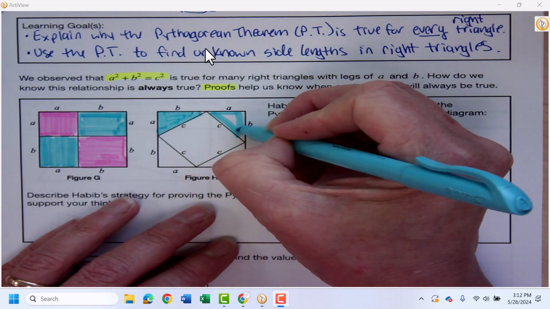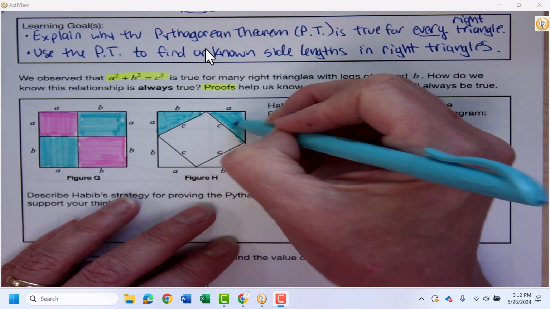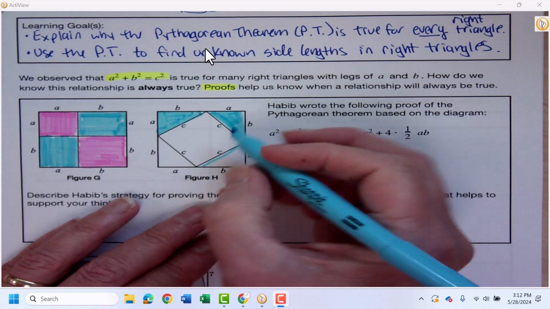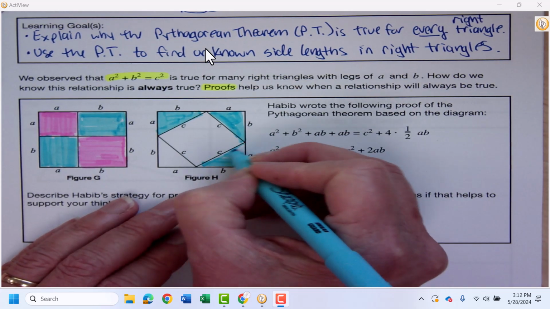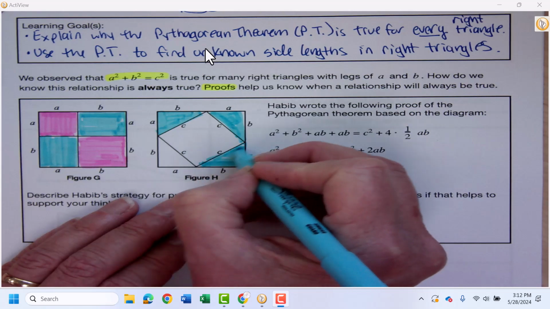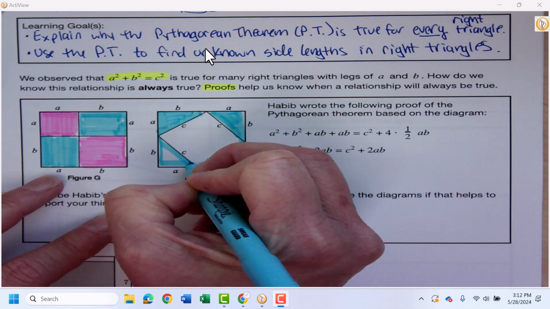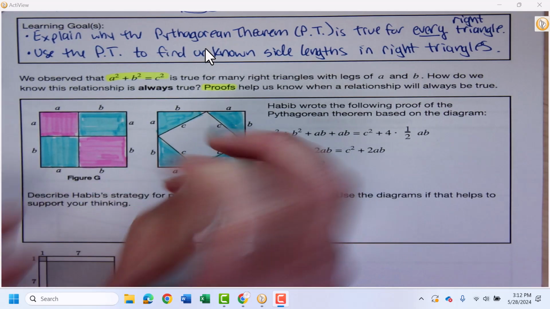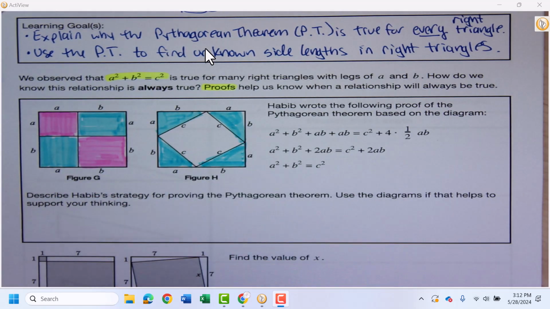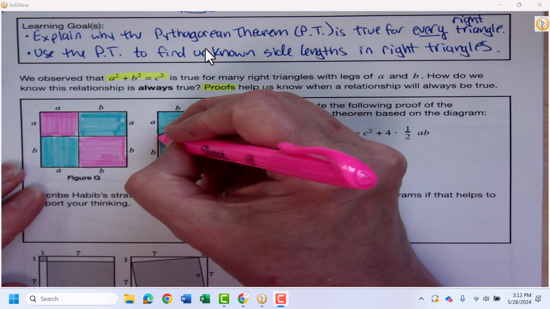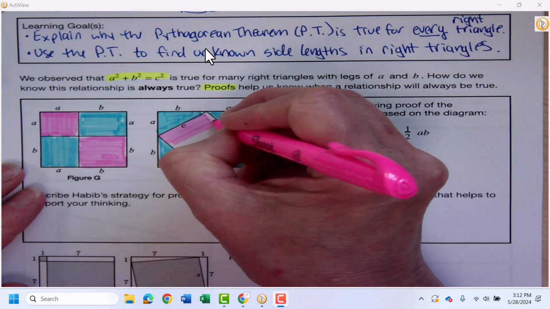And what you saw in the activity today was that we could rearrange all these blue triangles to be the same as the two blue rectangles on the other side. We could kind of put those triangles together. And if all of those blue shapes were equal, then the pink shapes had to be equal as well.